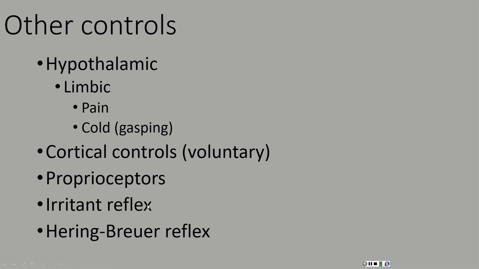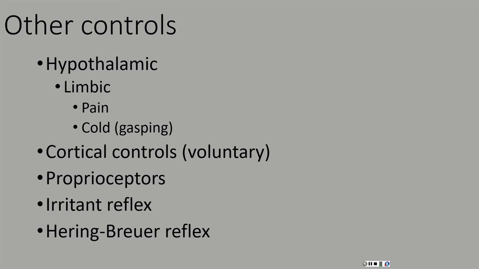The irritant reflex. The best example I always give is if you are a non-smoker and you walk by a group of people smoking, even without thinking about it, you will often hold your breath, or you may cough if some of that smoke gets into you.